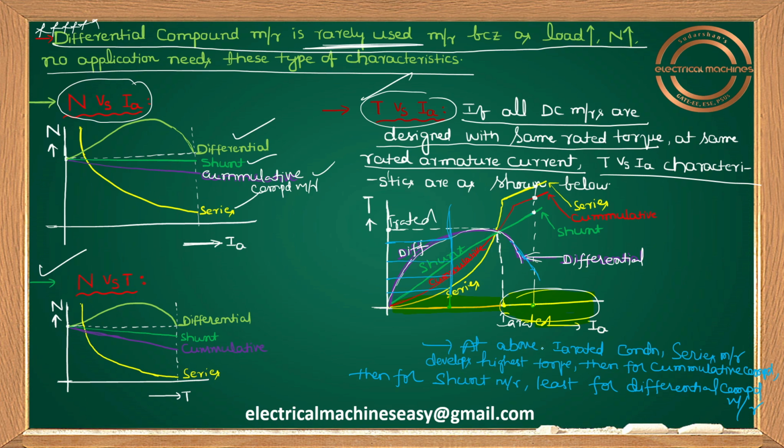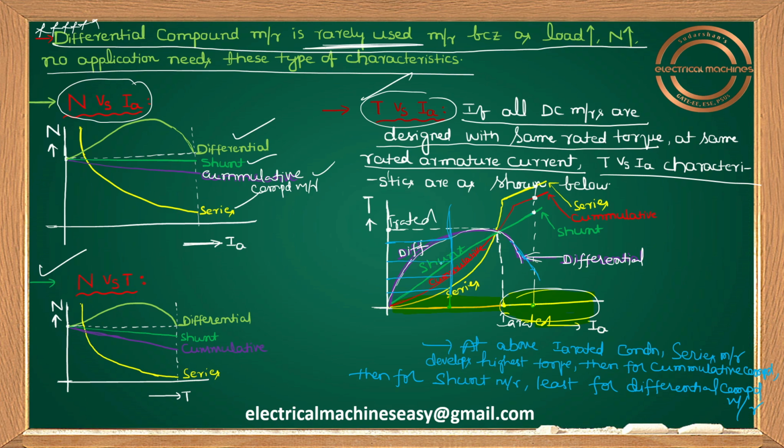If you want, you can write the same point here. At below rated armature current condition, the differential compound motor develops the highest torque, then the shunt motor, then the cumulative compound motor, least for the series motor. In one PSU they asked: at below rated armature current, if all four motors are designed with the same rated torque at the same rated armature current, among shunt and series, which motor has the highest torque?